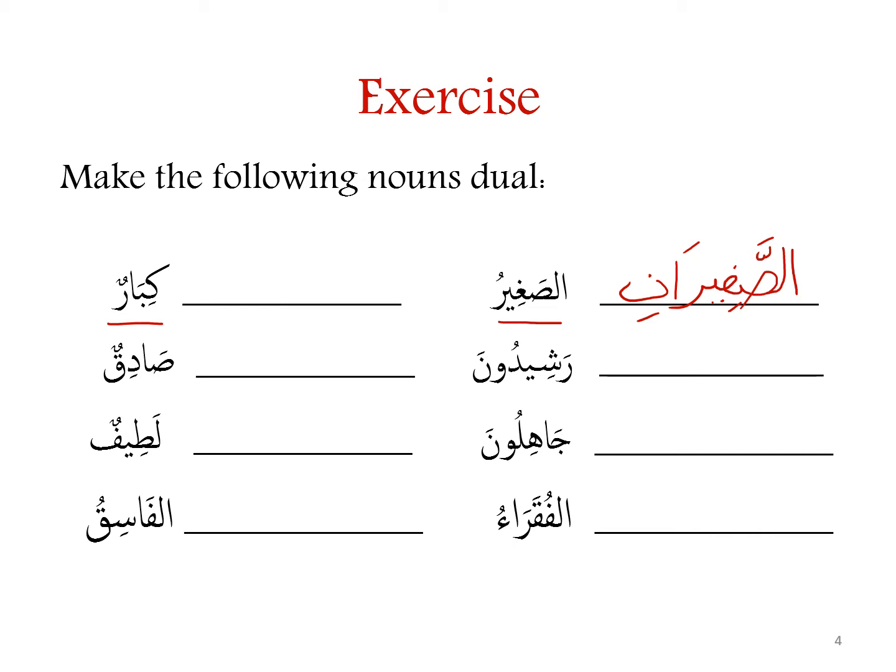Now we wouldn't change this word in particular because this is actually in the plural form. This is why it's important to memorize your singular nouns together with their plural so you can recognize them straight away, particularly the words that take the broken plural form. So kibarun is actually the plural of kabirun. And once we've brought it back to the singular form, we can simply add that ending to make it kabirani.